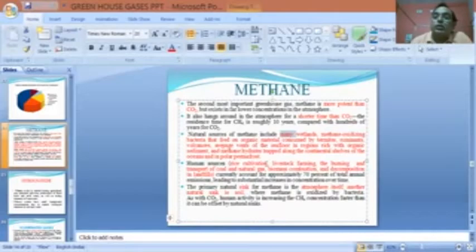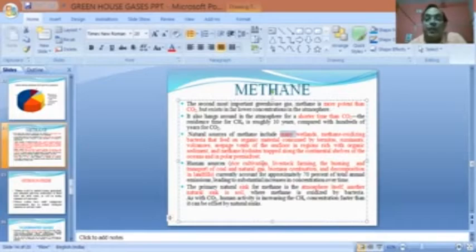So this water laden rice field also contributes methane to the atmosphere, besides the burning of transport coal and biomass combustion and decomposition, etc.